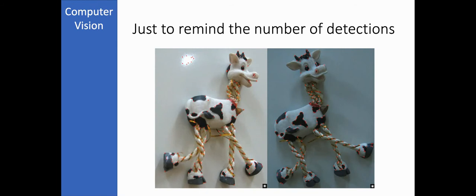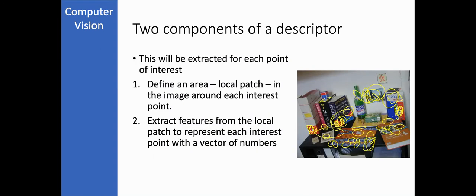Just to remind, the number of detections can be high. If I look at these images, I see that there are many, many corners detected from them. So what I need now is a descriptor to really describe each of these interest points. Remember, I will extract many of these points, and these areas are the patches that I want.